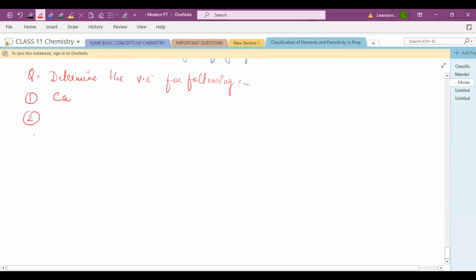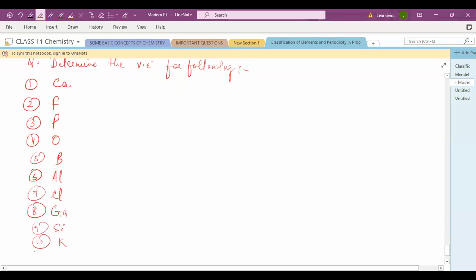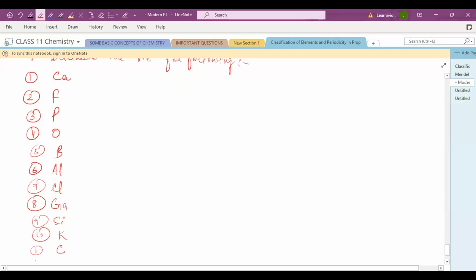Second, chlorine, phosphorus, oxygen, boron, aluminium, fluorine, gallium, silicon, potassium, carbon, and nitrogen.